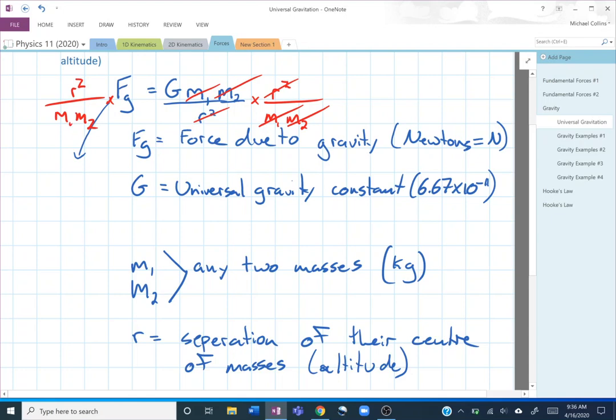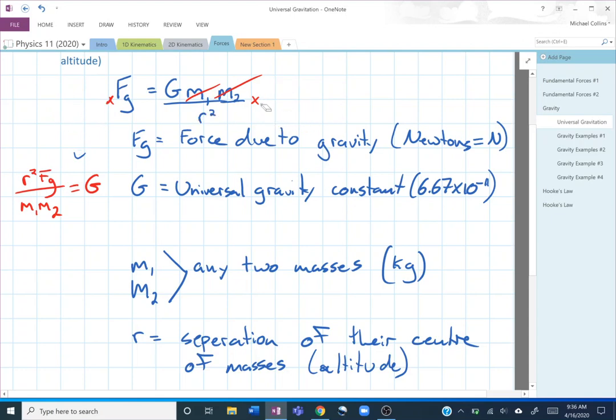I think I messed up my 1s and 2s there, but you get the idea. So then I'm left with r squared Fg over m1 m2 being equal to big G. And now I'm going to erase these so that afterwards they're still legible, and switch back to my blue color.